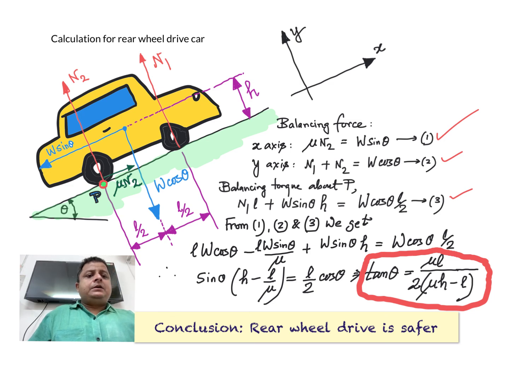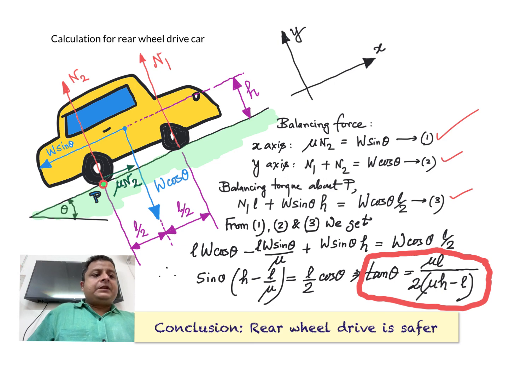Then from 1, 2 and 3, with the same strategy, we get rid of N1 and N2 and replace them in terms of W and mu. So from 1, 2 and 3 you get the following expression. After calculating you get tan theta is mu L by 2 times (mu H minus L).